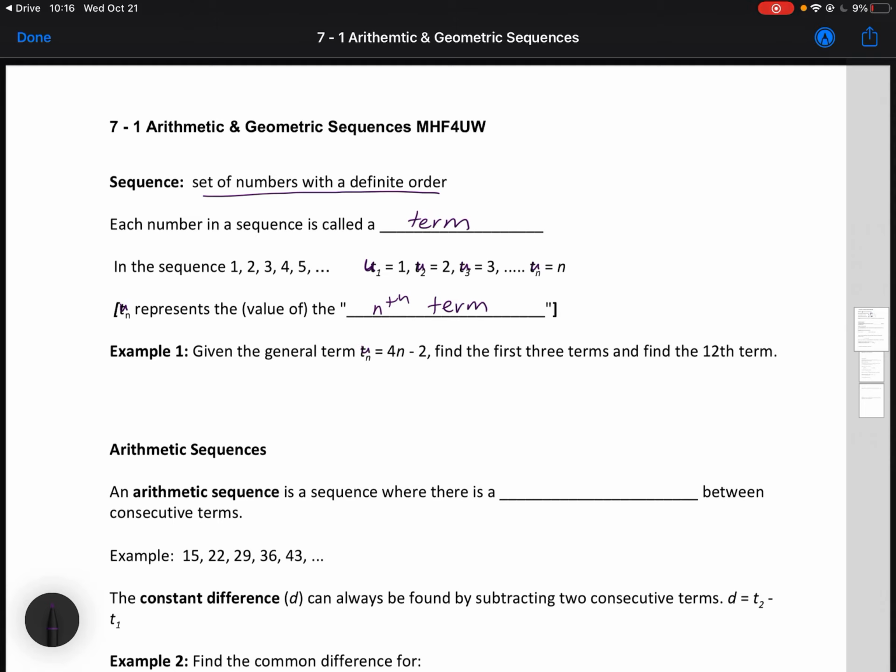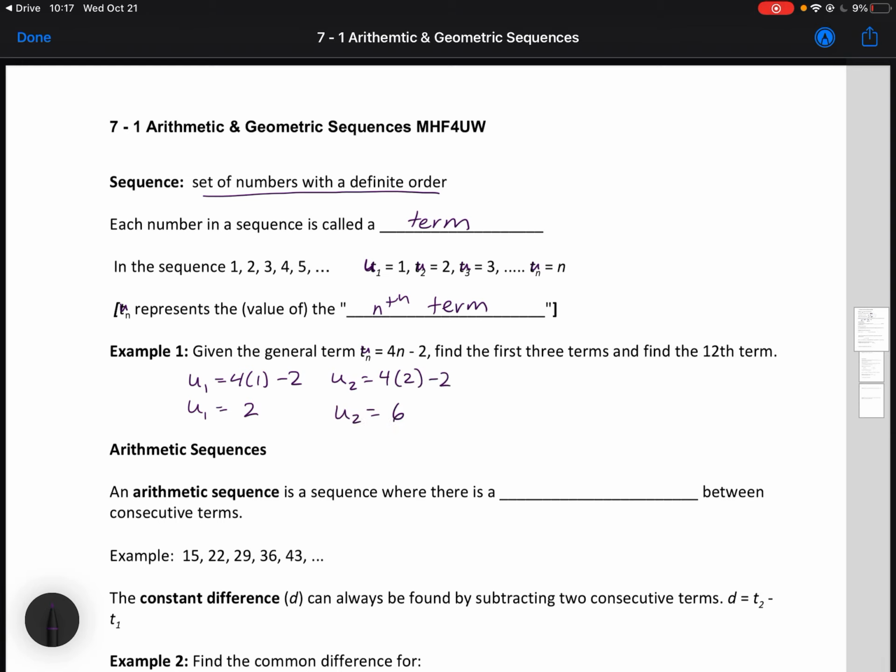So if we're given the general term Un equals 4n minus 2, we're going to find the first three terms and then find the 12th term. My first term would be U1, which is equal to 4 times 1 minus 2, which gives me 2. U2, I'm doing the same thing except substituting in a 2 instead of a 1.